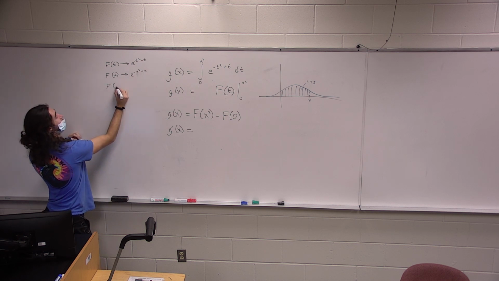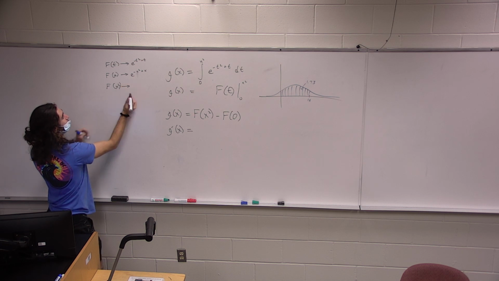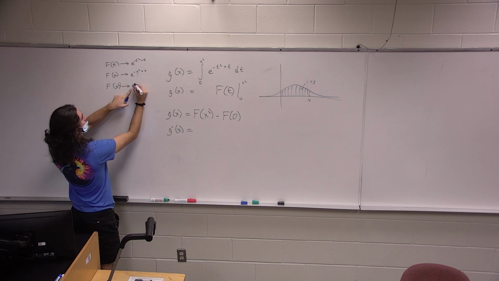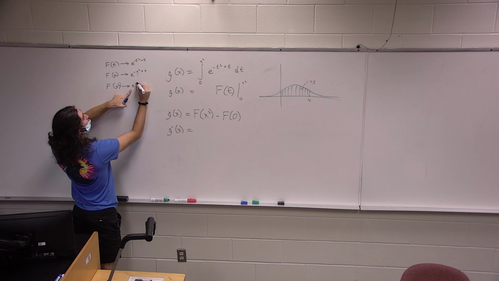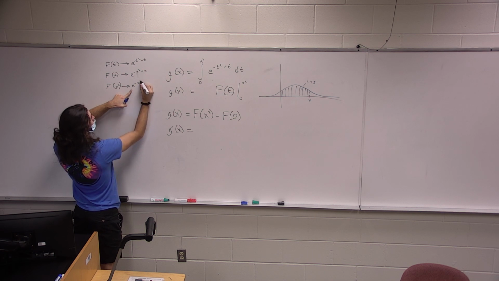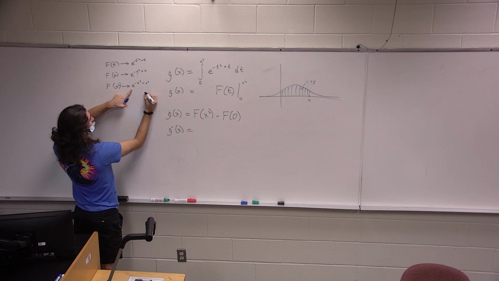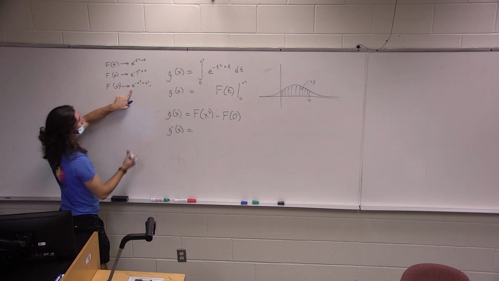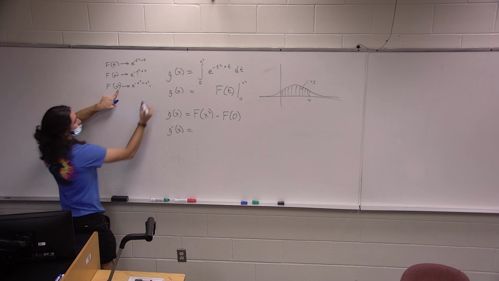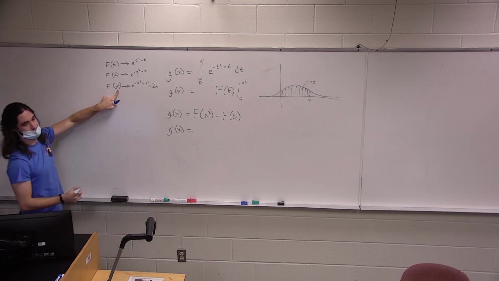But the derivative of this is just going to be that, but where you've plugged in x squared instead, so that's going to be x squared squared plus x squared, and then times the derivative of that. That's the chain rule.